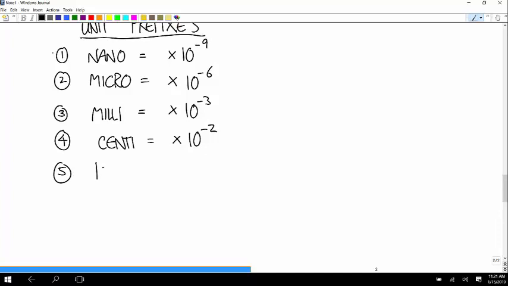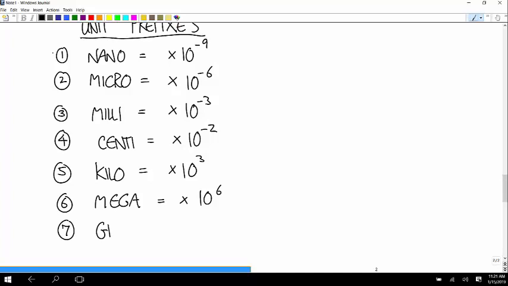The fifth one is kilo. That's times 10 to the positive third. Sixth one is mega. That's times 10 to the sixth. And then the last one is giga. And that's times 10 to the ninth.